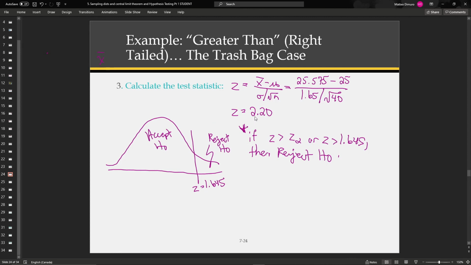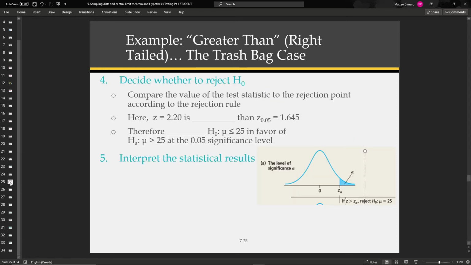Now, what is the Z statistic we calculated? We got a Z statistic of 2.2. I like the picture because it helps me figure out where this fits. Am I in this region or am I in this region? Well, 2.2 is greater than here, so I'm somewhere over here. So deciding whether or not to reject H0, we compared the test statistic to the rejection point.